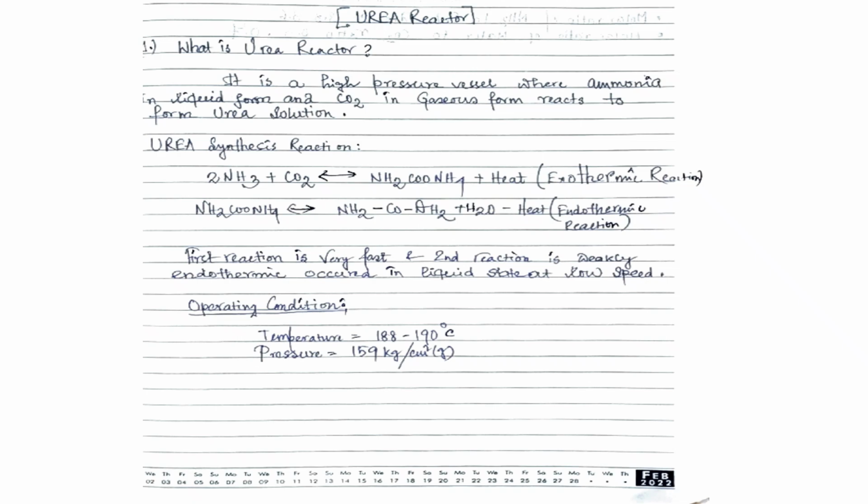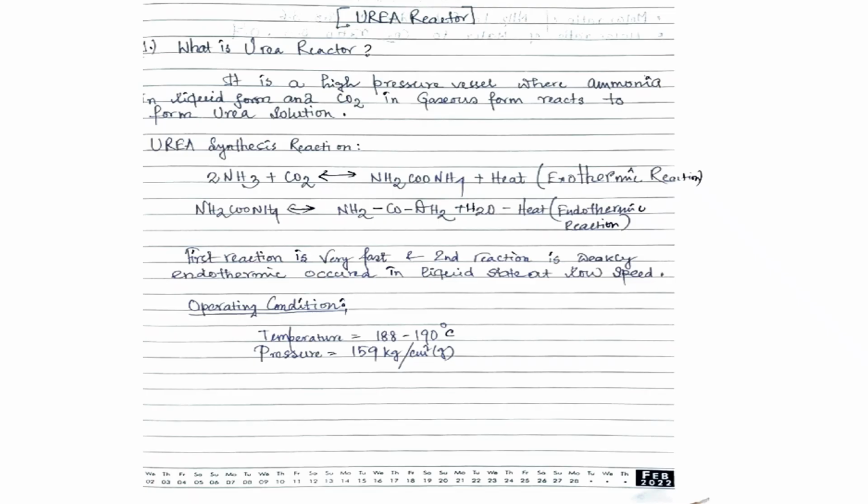So first, the definition. What is a urea reactor? Actually, it is a high pressure vessel where the ammonia in liquid form and the CO2 in gaseous form react to form urea solution.